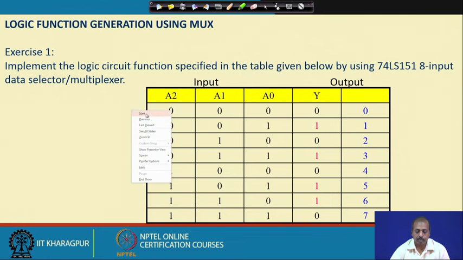But if I do that, many times the multiplexer size becomes too high. For example, in my library I may not have 8:1 multiplexers available, maybe only 4:1 multiplexers are available.